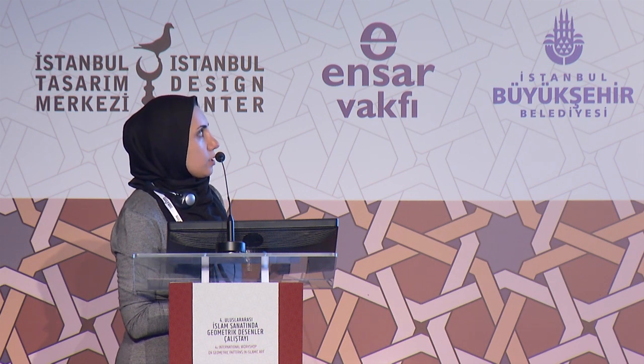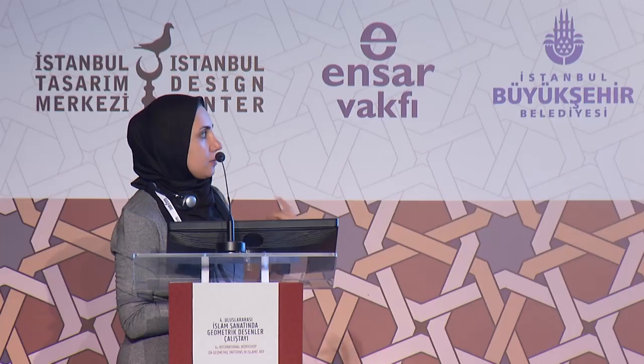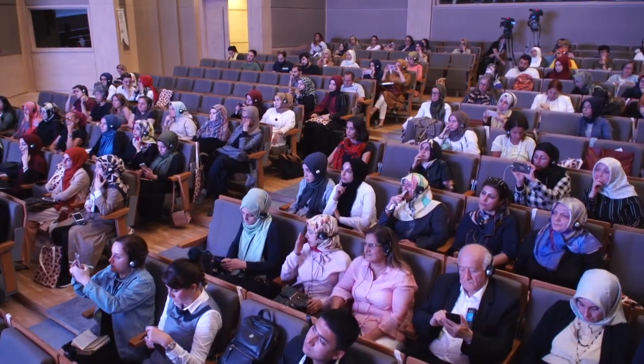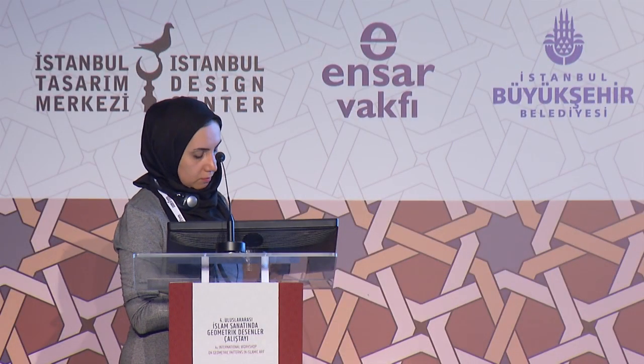One of the most important elements is the claw. We call it chang, which is again extracted from the same spiral movement of the Arabesque, and then it goes further and comes back to make different types of the claw.